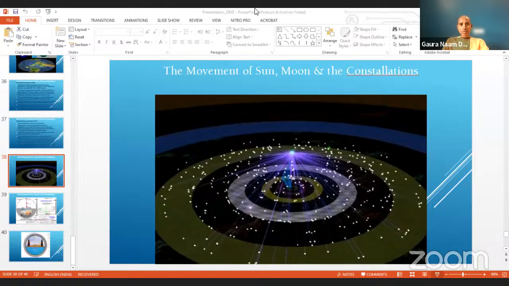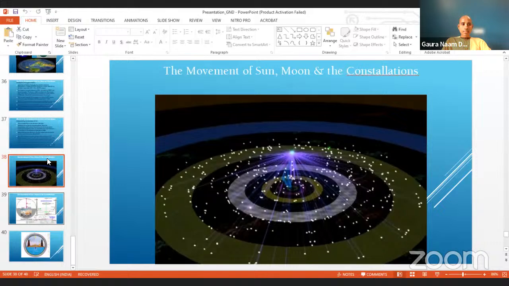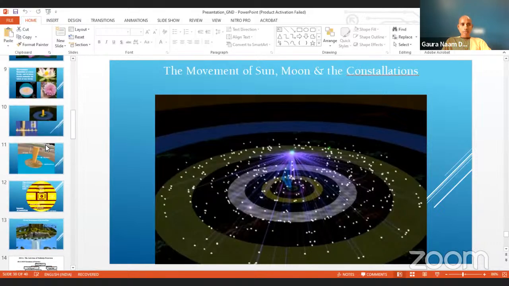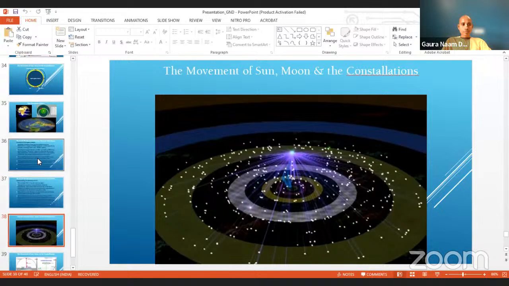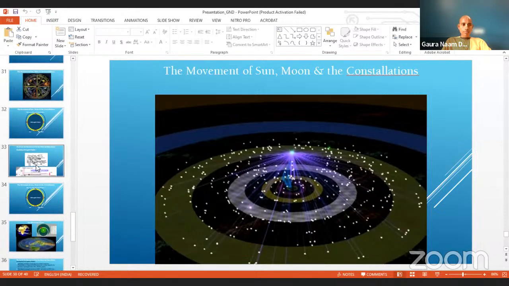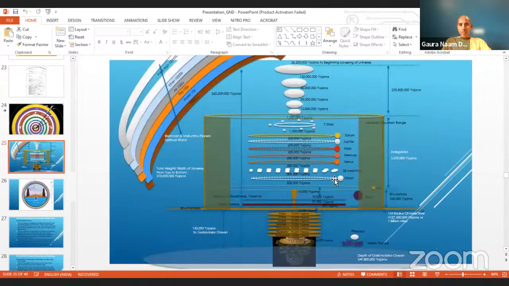Similarly, we can imagine the structure, that all these planetary systems are also rotating in this structure. The sun, moon, nakshatras, and Venus are all tied to Dhruvaloka and rotating in a circular way. So this is how everything is moving.